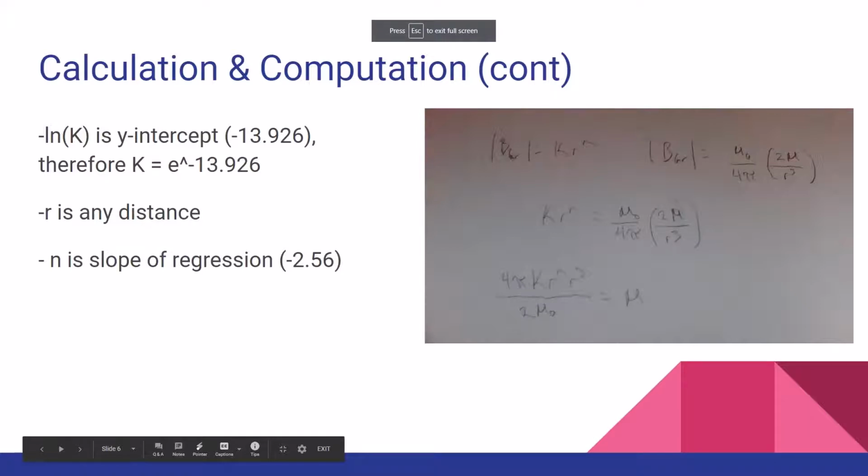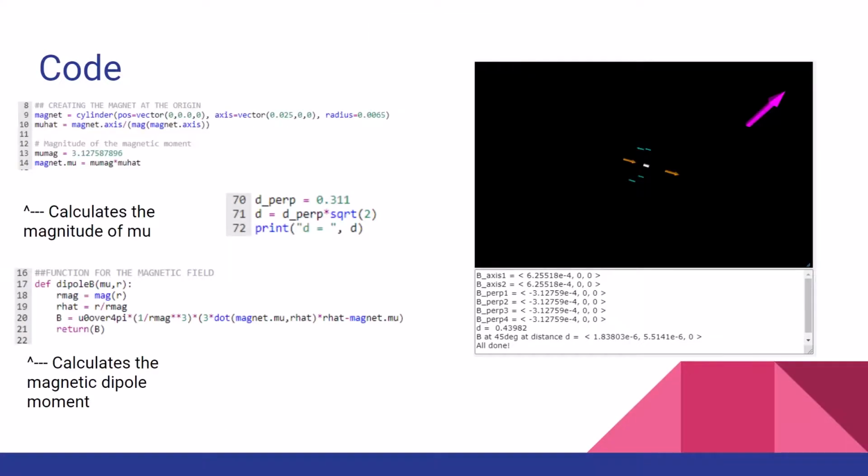We can combine this with the Biot-Savart law for magnetism and derive the magnetic dipole strength of the magnet. Additionally, we took this information and constructed a Python code that would give us the straight calculation using the Biot-Savart law for our data here. Parts of the code are shown here, as well as the total output of the code.